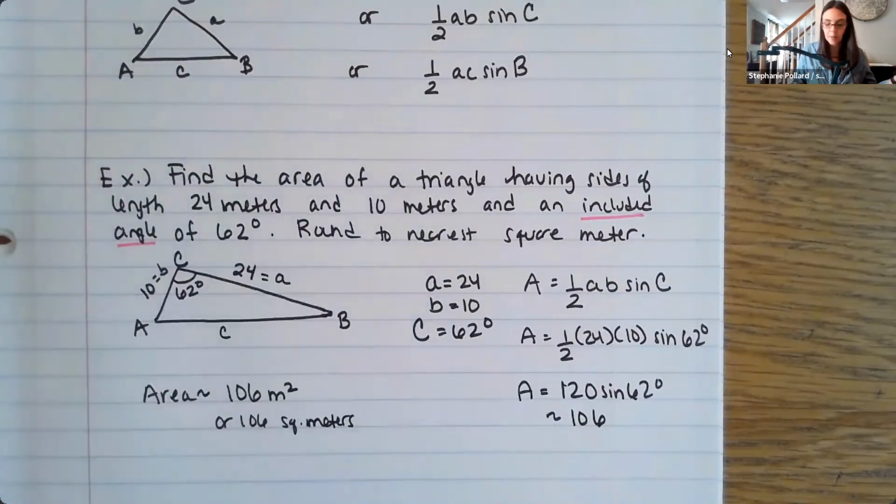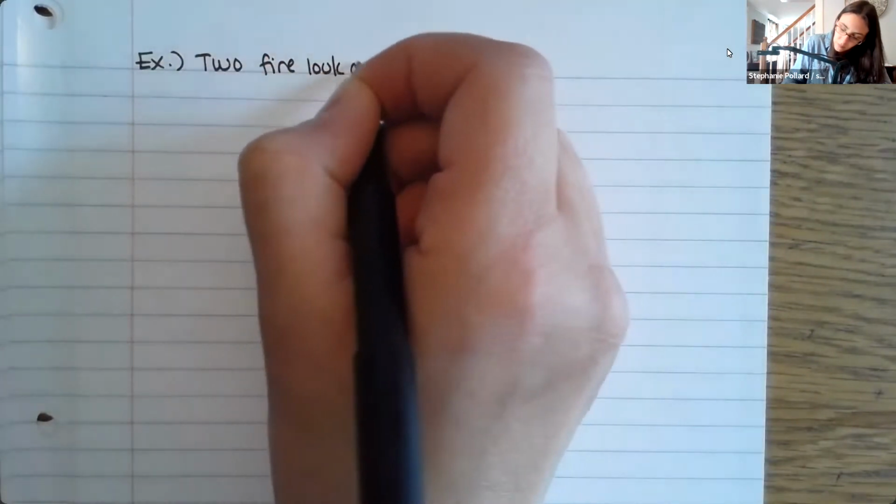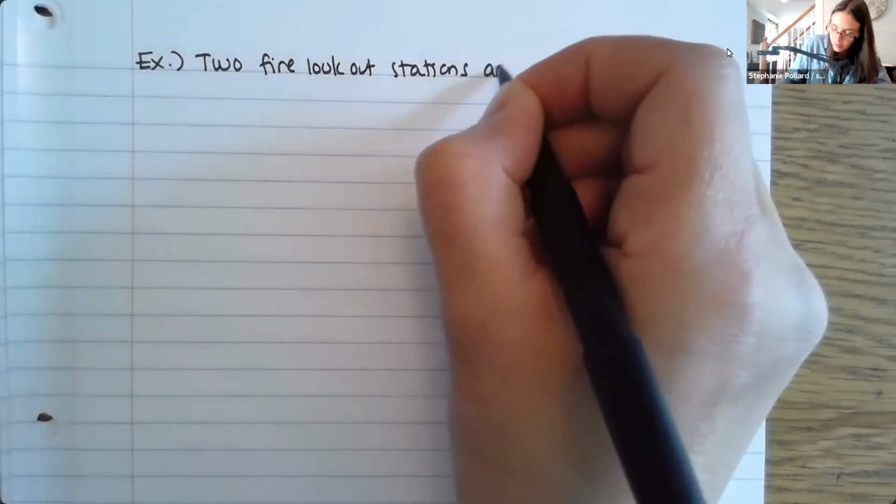All right, I'm going to do one more application here, and then we'll wrap up this section. So let's say you have 2 fire lookout stations. And they are 20 miles apart.